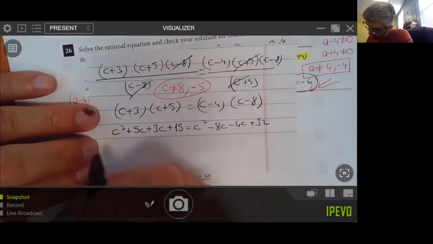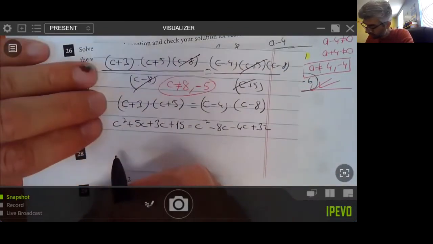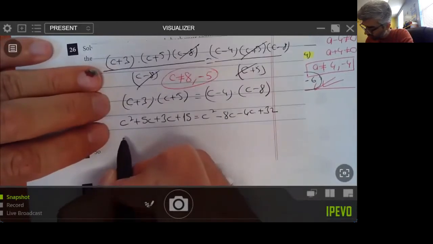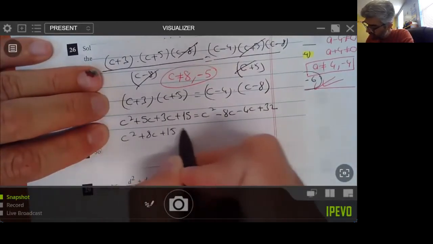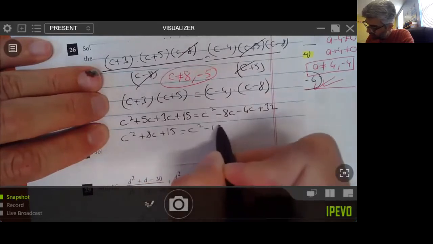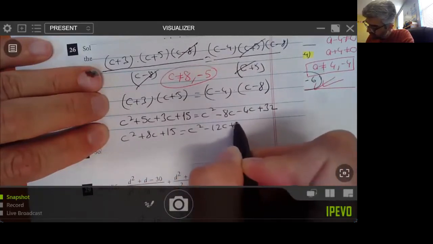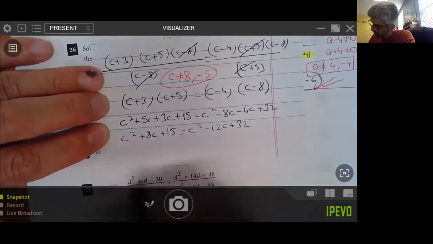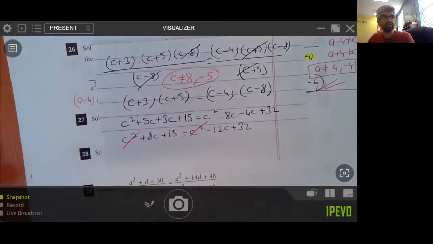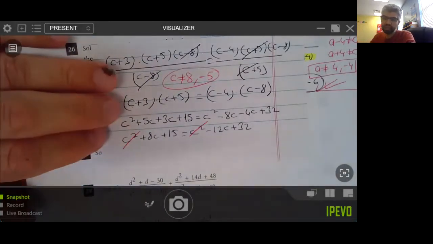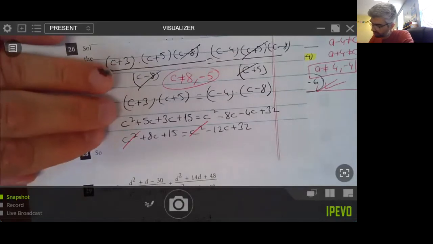All right, so yes, c squared plus 8c plus 15 equals c squared minus 12c plus 32. So guys, since both have c squared, I can cancel them. So you can say minus c squared on both sides.